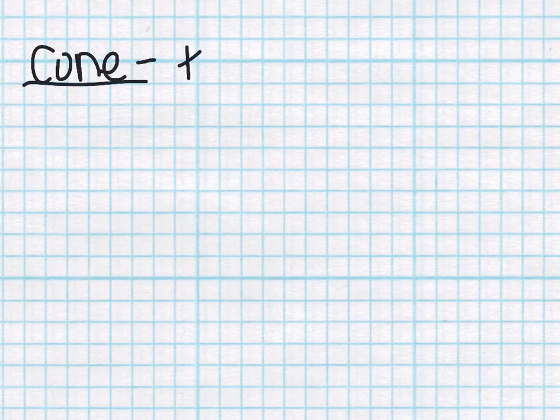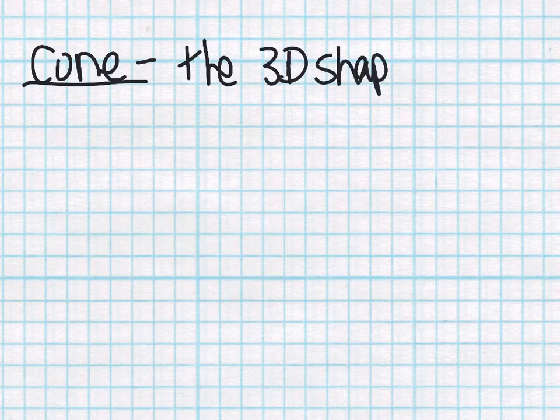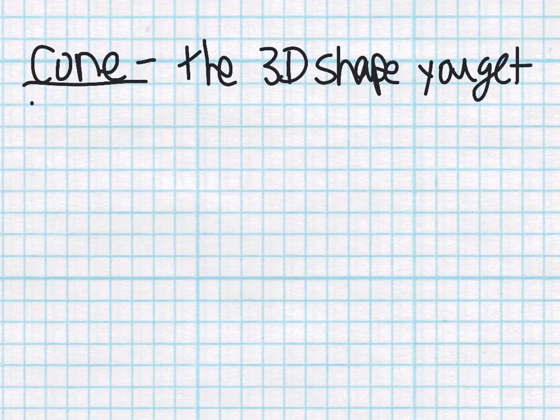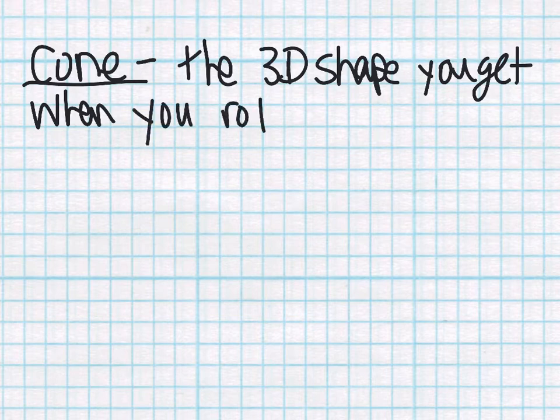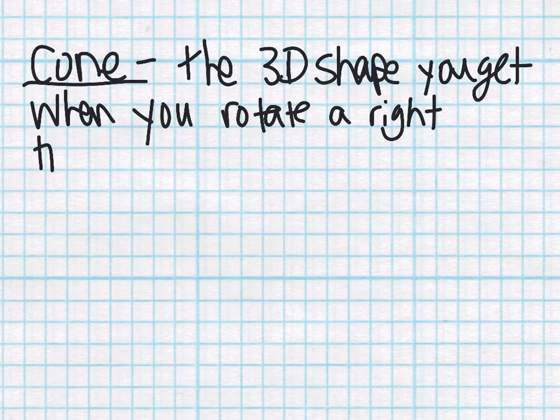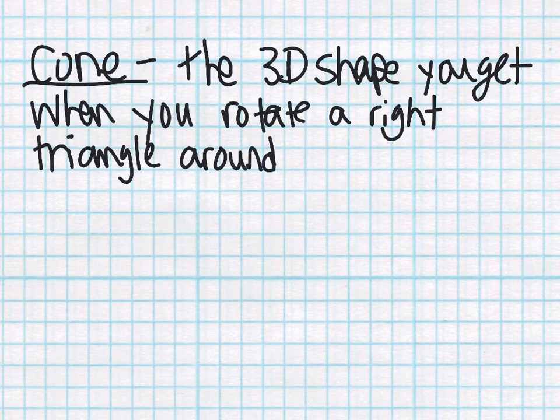A cone is the 3D shape you get when you rotate a right triangle around one of its legs.